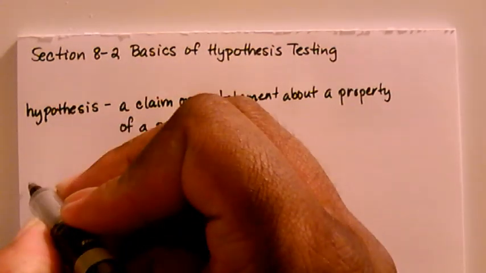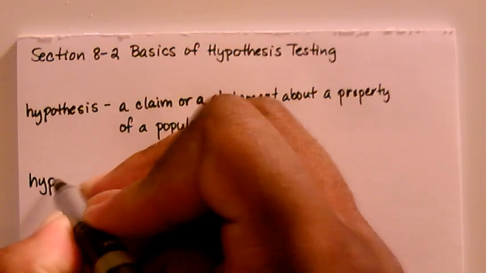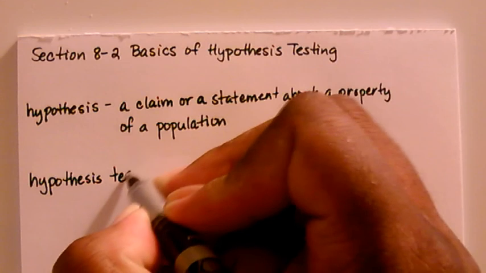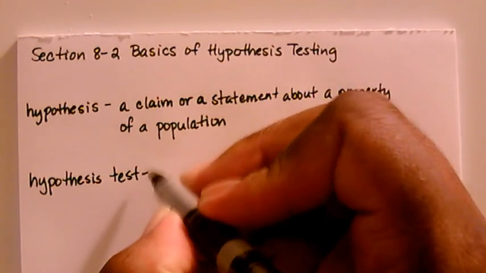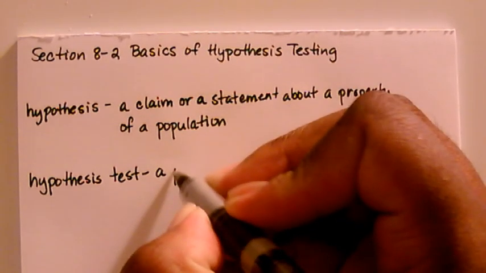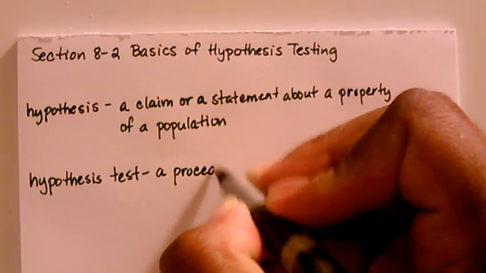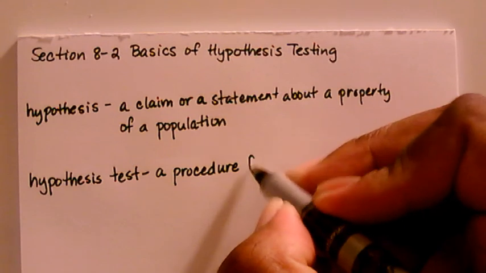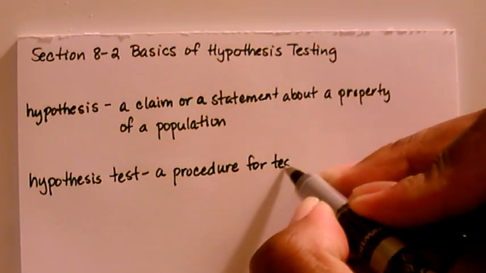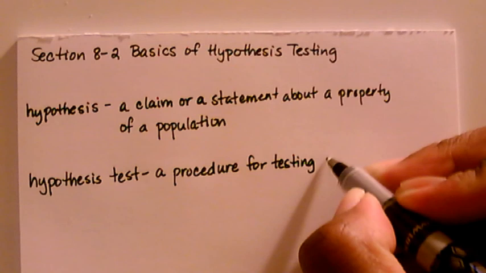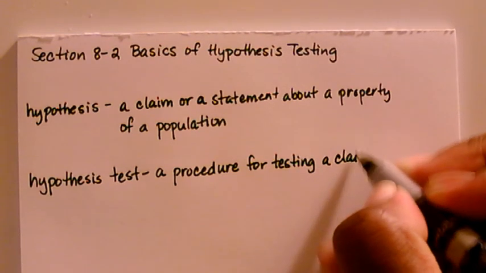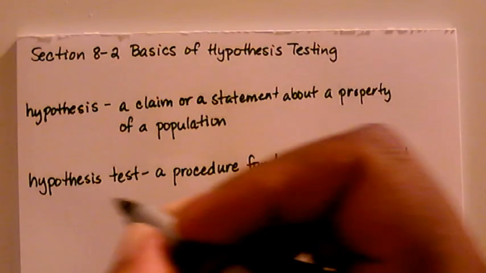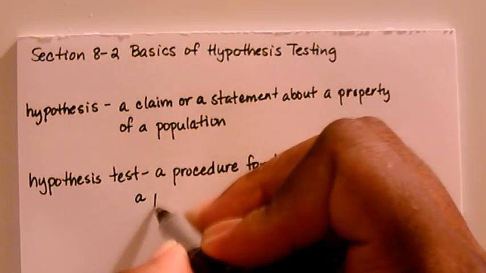Now, what we'll be looking at is how to conduct a hypothesis test. And a hypothesis test is a procedure. So when we conduct a hypothesis test, we're doing a procedure for testing a claim about a population, a property of a population.